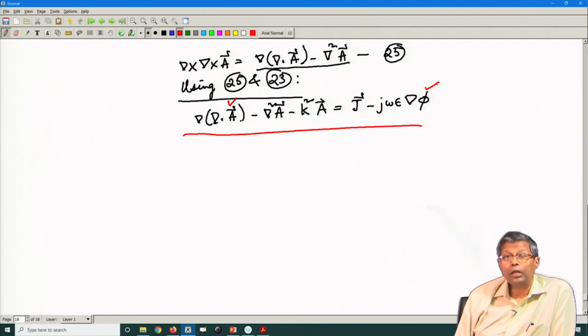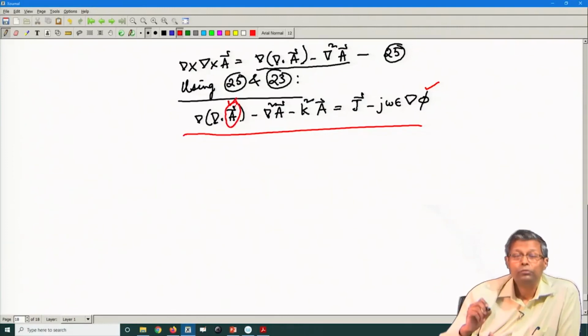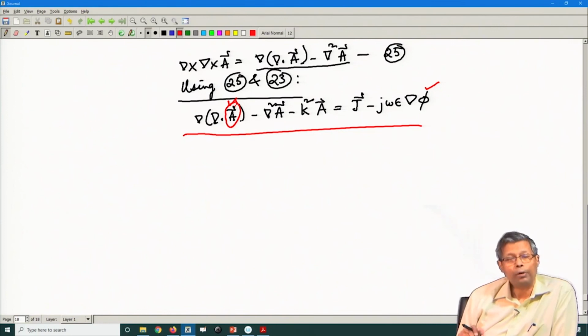So, we cannot proceed unless we find out a relationship between A and phi. Now, please remember that A, just like the scalar potential V in Coulomb's law, which we have defined to suit our purpose, so here also we have created this potential A in order to suit our purpose.